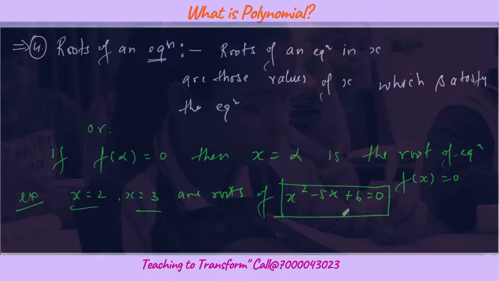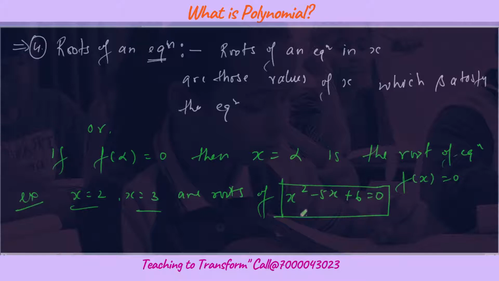This kind of problem you have already solved in your early classes, in class 9th or 10th, by splitting the middle term. These concepts are not new for you, but because I'm going to deal with all the chapters throughout, I'm giving the basic concepts related to polynomials.